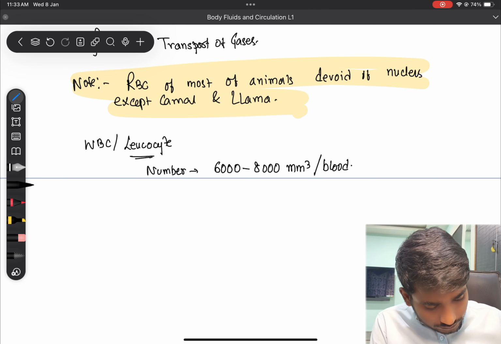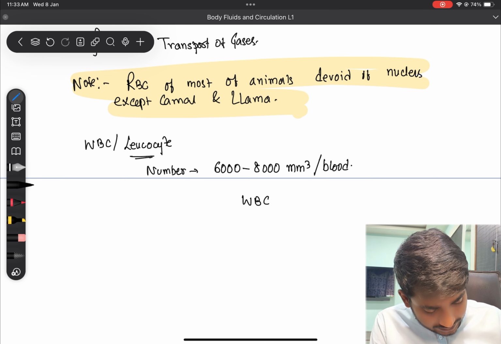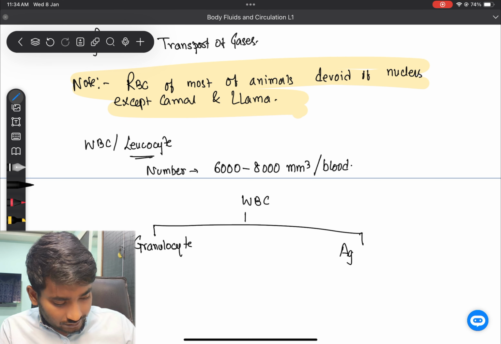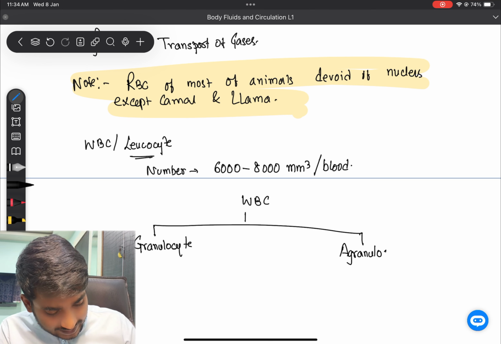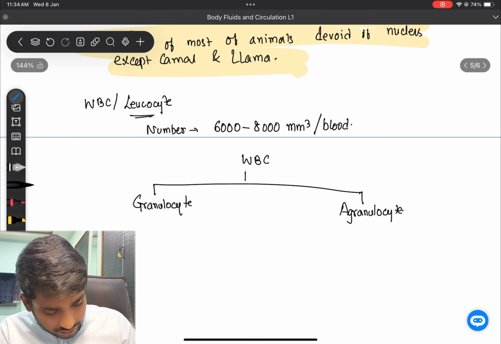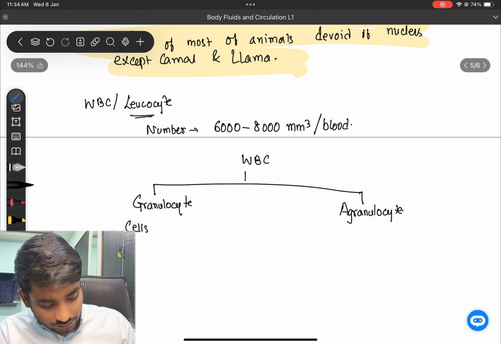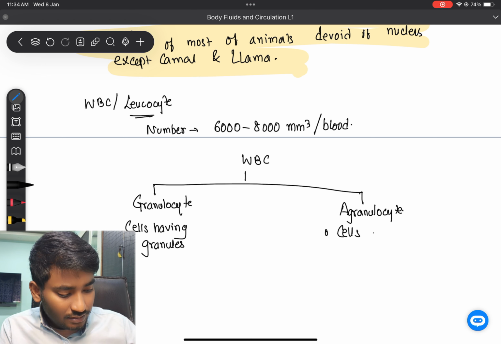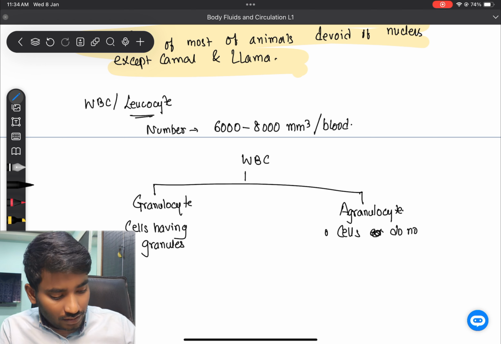WBC contains granulocytes, which will be taught in the next lecture, and agranulocytes. Granulocytes are cells having granules; agranulocytes are cells that do not have granules. So it will be continued in the next lecture.